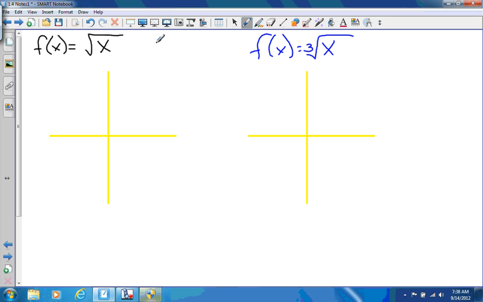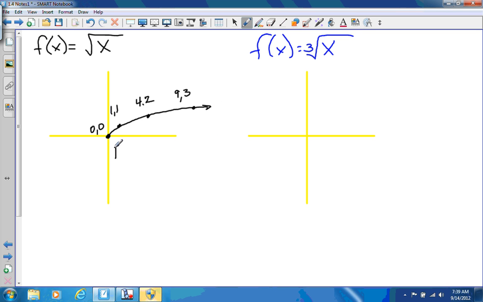Finally, we come to the square root of x. Square root of x still has 0, 0, and 1, 1. Then the next coordinates out would be 4, 2, 9, 3, 16, 4, 25, 5, and so on and so forth. And you cannot use a negative underneath the square root, so therefore our graph is going to look like this.